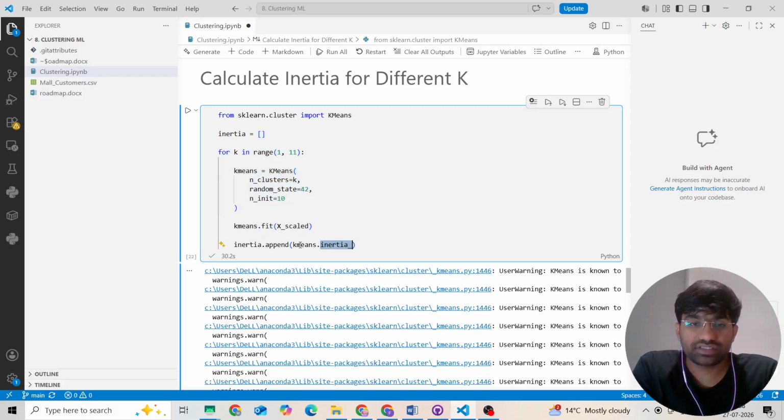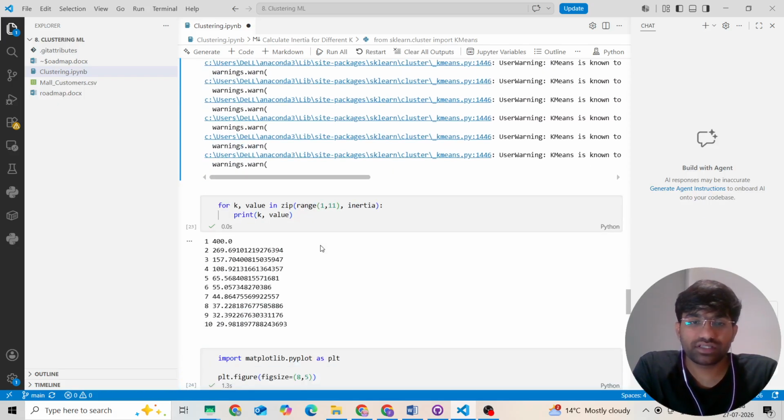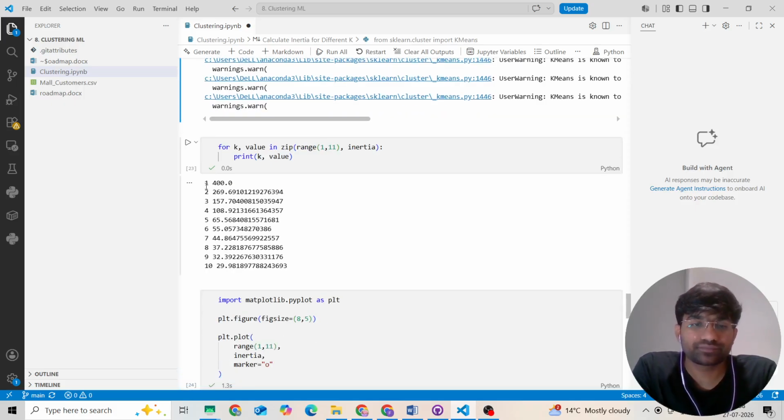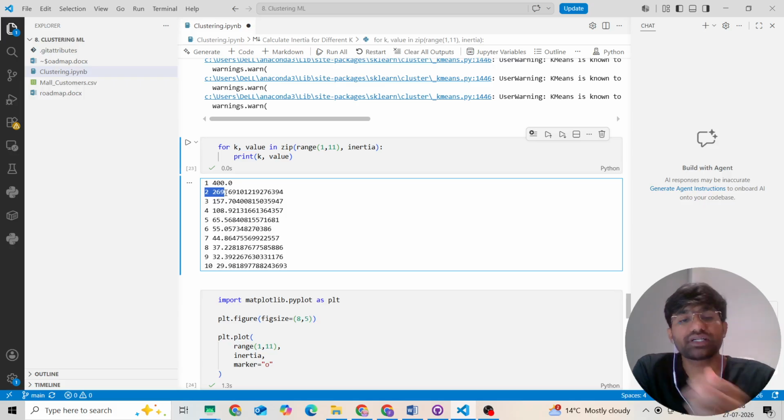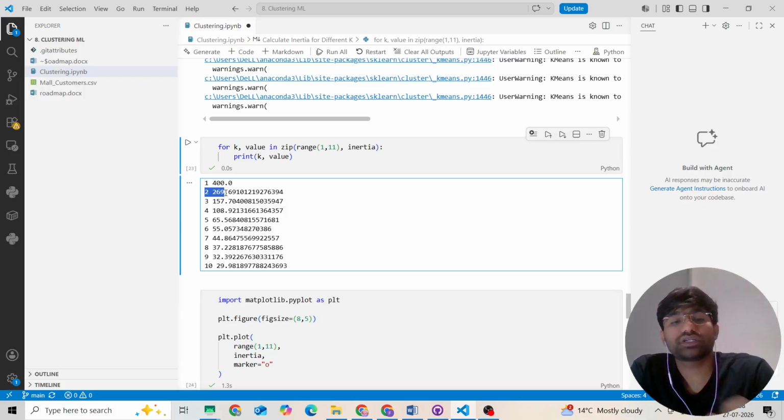See here, kmeans.inertia_ will give you the inertia values. If I display the inertia values, when k is 1, the inertia value is 400. When k is 2, the inertia value is 269, approximately 130 units decrease in inertia.